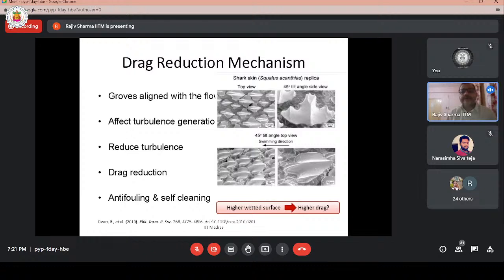So it is important for us to also check during the time of investigation that do we have the possibility of utilizing these microstructures for the property of anti-fouling and self-cleaning. Now, as a rule of thumb, higher wetted surface will generate higher drag. So one way to look at it is that can you reduce the wetted surface?